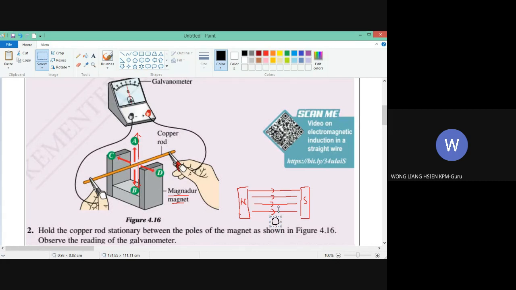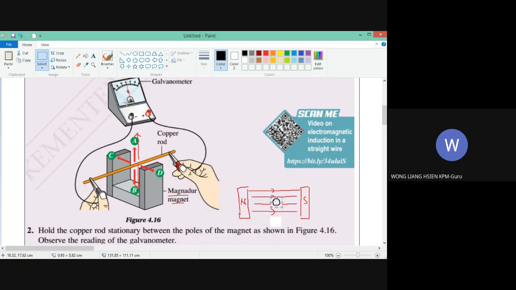Then inside the copper rod, an induced EMF will be produced. When the electromotive force is produced inside the copper rod, it will push the charge to flow inside the copper rod and also along the wire, passing through the galvanometer.